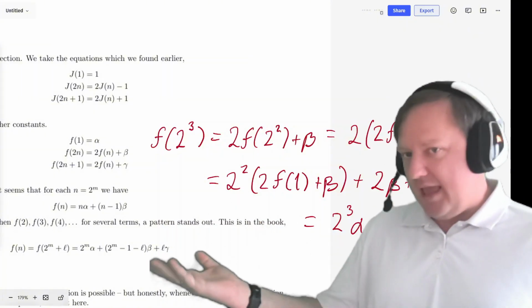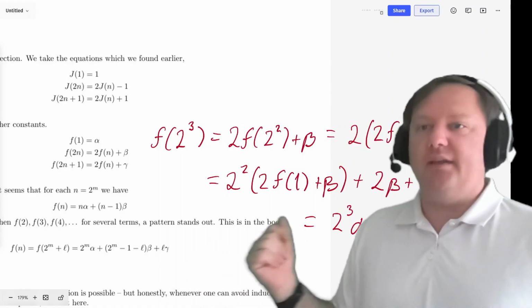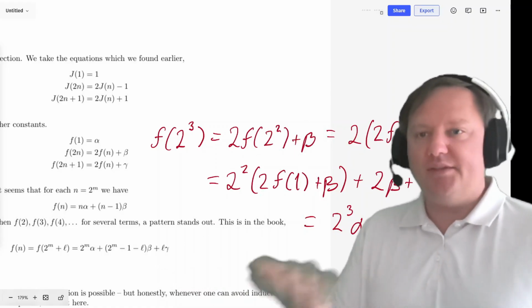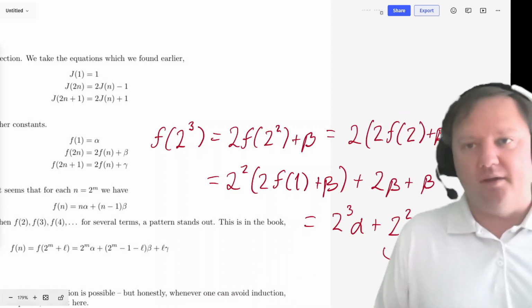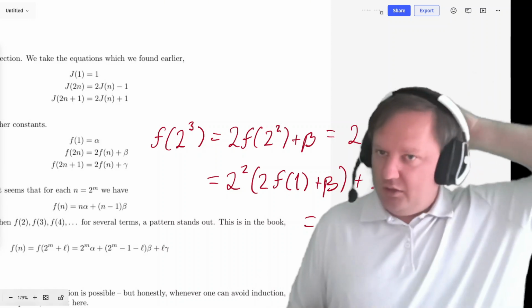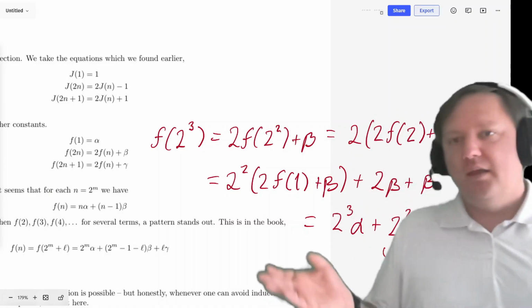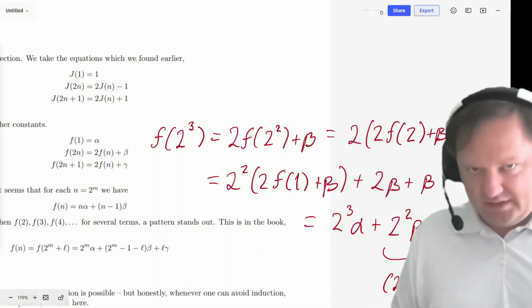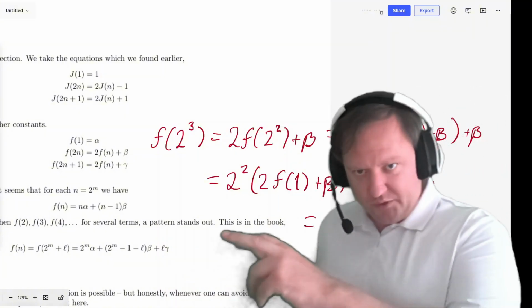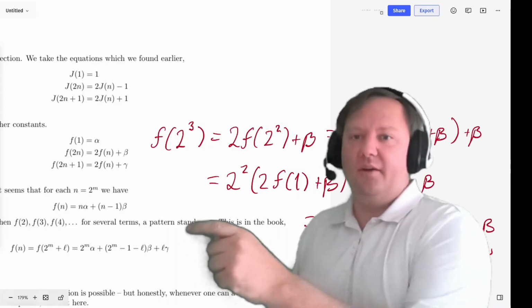We're going to take n and decompose it into 2 to the m plus l. L this time is some number between 0 and up to but not including 2 to the m. And when we apply the function and you work out all the specific examples for several small values, you notice a pattern.